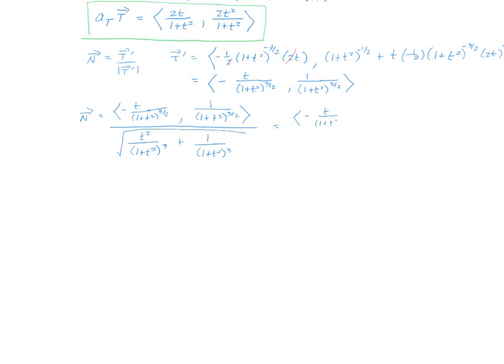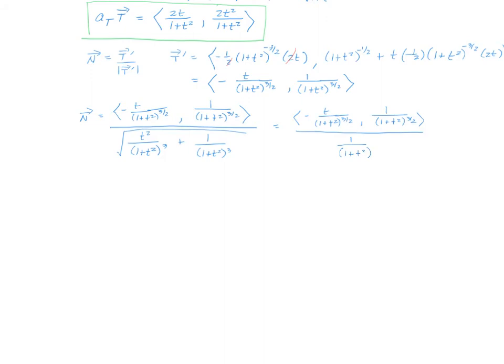So again, the numerator is going to stay the same, but the denominator simply turns into 1 over 1 plus t squared. And that's it, right? The square root cancels.